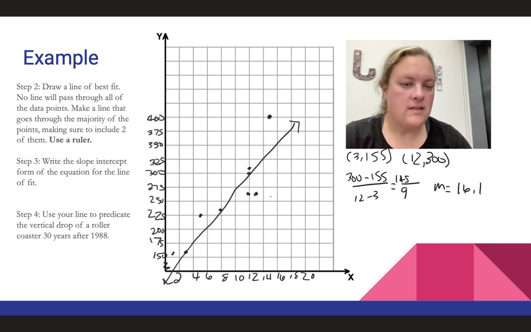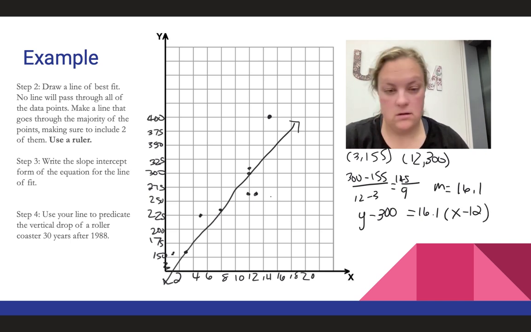So from here, I'm using 16.1, and it's actually 16.1 repeating, so I'm just going to use 16.1. And I'm going to put in my point. I'm going to use 300 for my point. So I'm going to use y minus 300 equals 16.1 times x minus 12. I'm going to distribute.